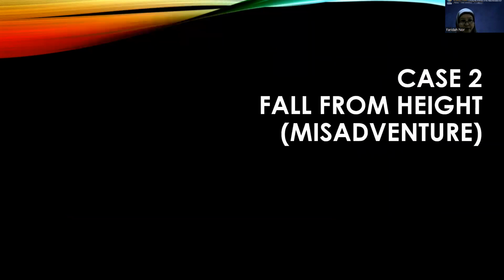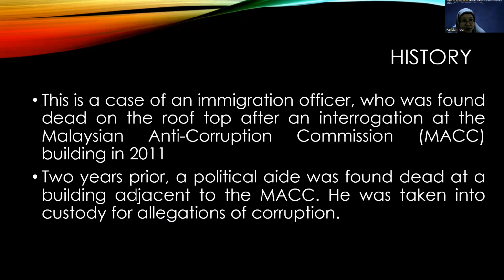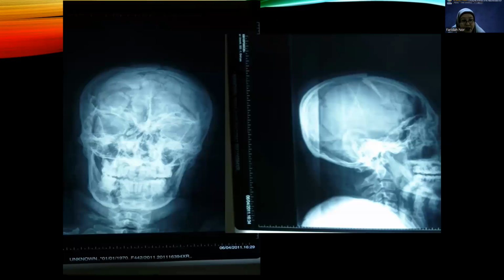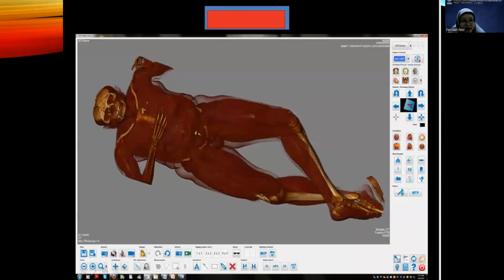Another case is a fall from height, a misadventure, of an immigration officer who was found at the MACC building for allegations of corruption. He actually fell from the ledge of the 4th floor onto the 2nd floor, and a CT scan was done on the skull and on the whole body.